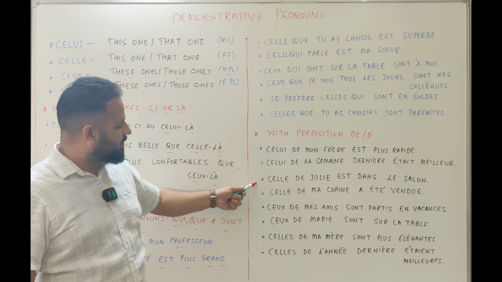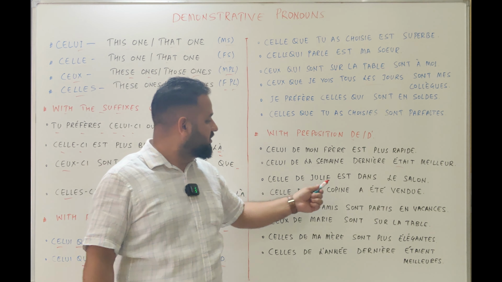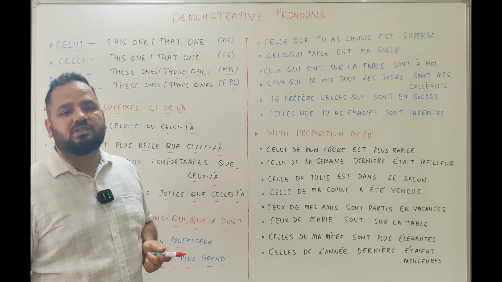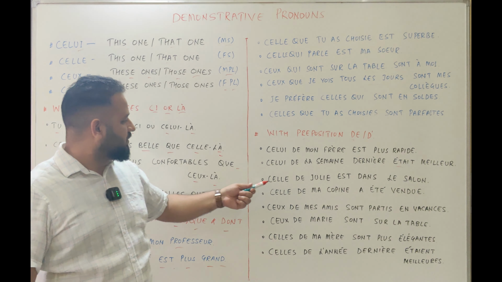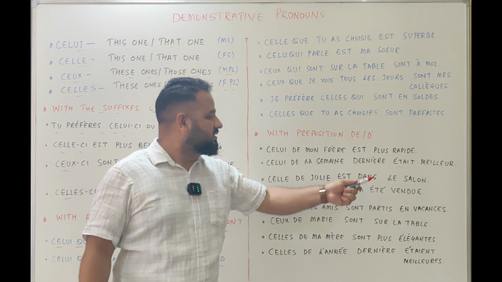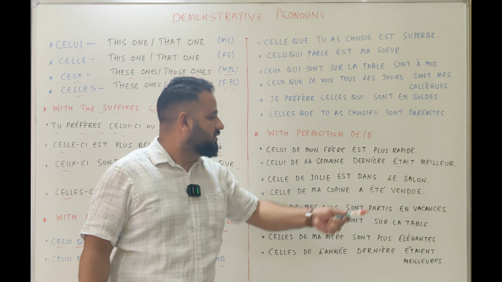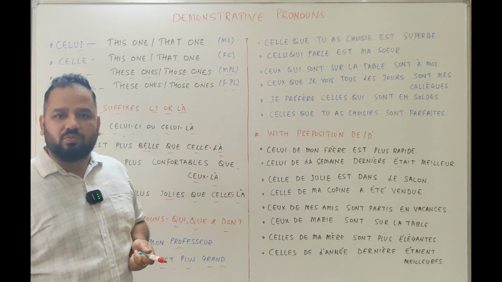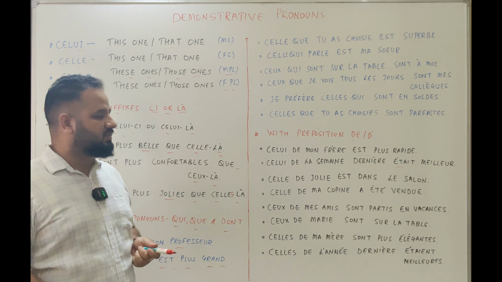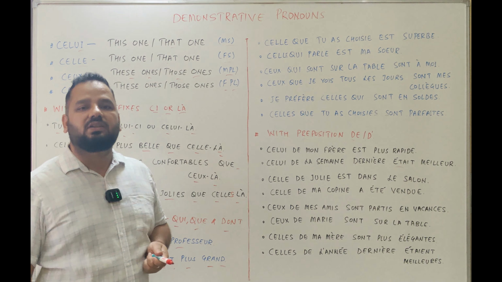Then feminine singular. Celle de Julie est dans le salon. Salon is living room. Julie's one is in the living room. Celle de Julie est dans le salon.